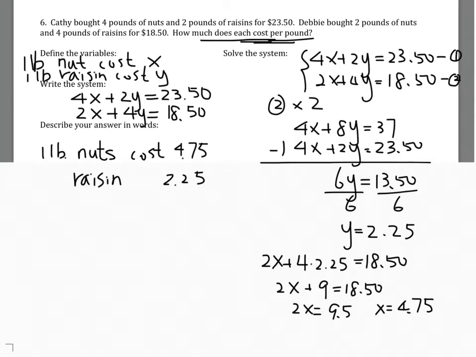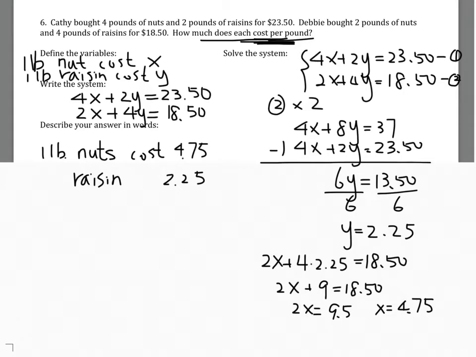So again, how do I name it and where do I get a clue from? Because I'm looking for the cost per pound. So a pound of nuts is going to cost me X dollars. A pound of raisin is going to cost me Y dollars. And then according to the story, 4 pounds of nuts and 2 pounds of raisin is going to be $23.50.